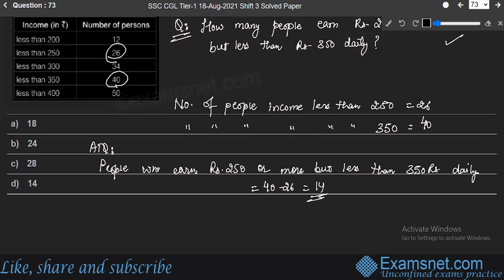So this 14 is the correct answer to our question. The number of people who earn 250 or more but less than 350 daily is 14. Option D is the correct answer to our question. Hope you are clear.